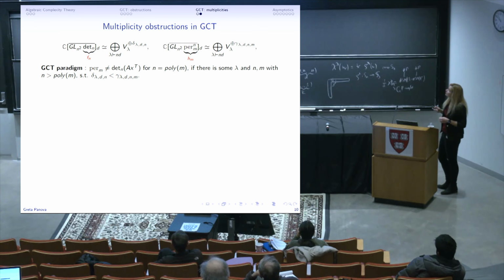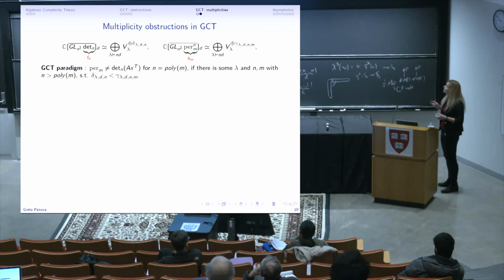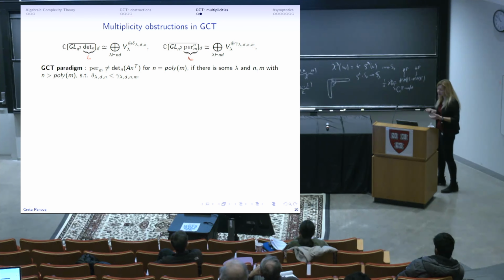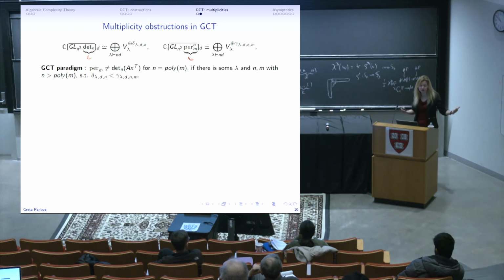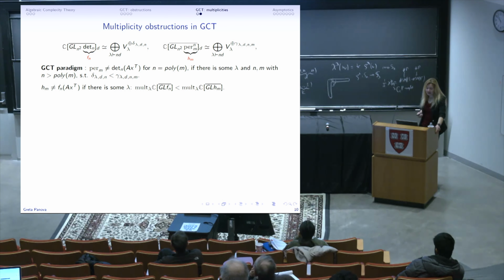So we can do several things. First of all, we can replace this determinant by any polynomial we like, and the permanent by any polynomial we like and see if we can compare those. So basically ask the question: can this polynomial be expressed as the other polynomial with some affine linear entries plugged in?